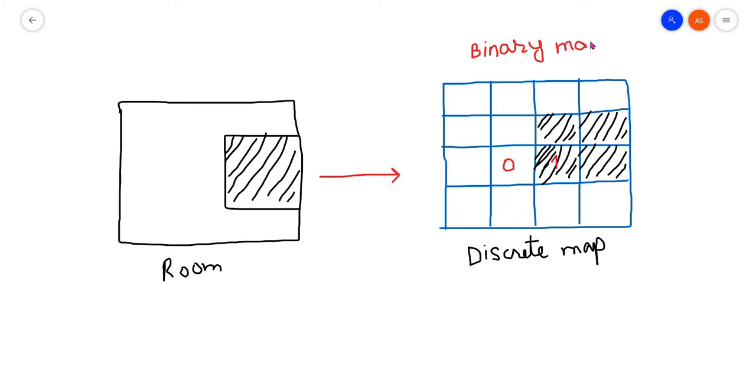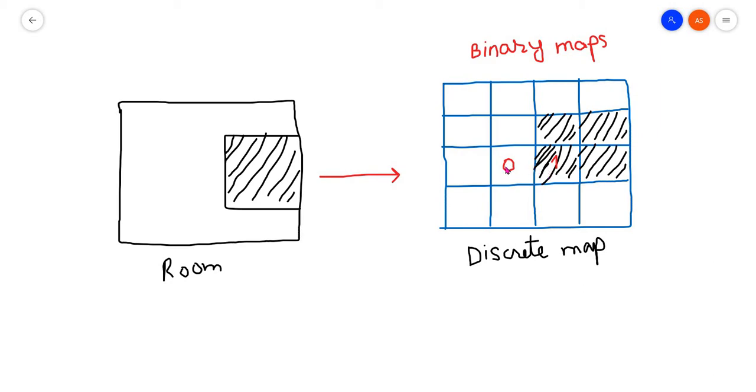And if you remember, I also told you about another type of map called probabilistic maps. In probabilistic maps, there can be multiple possibilities of occupancy between 0 and 1.